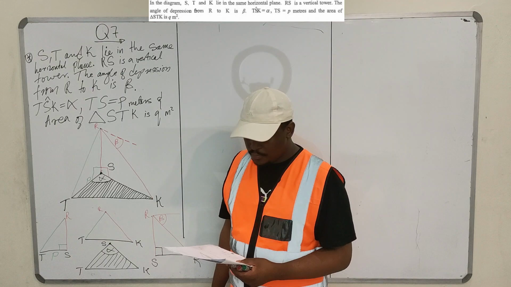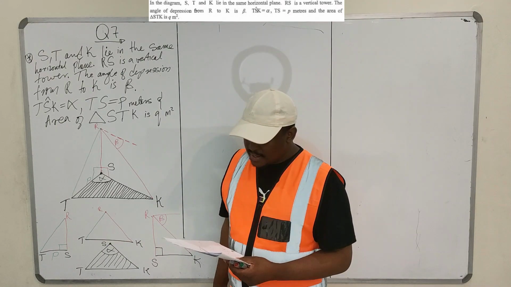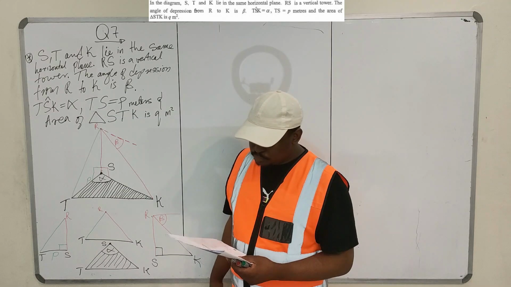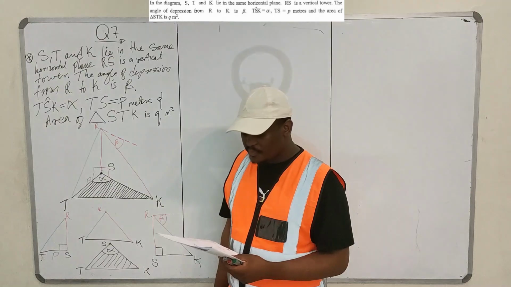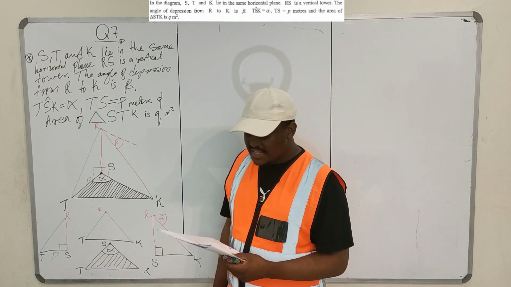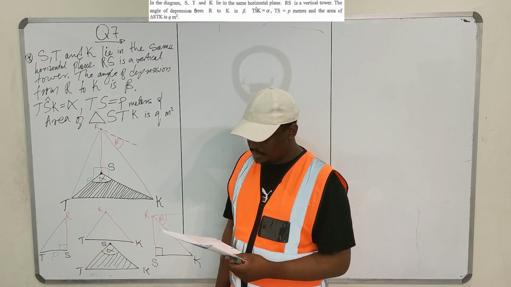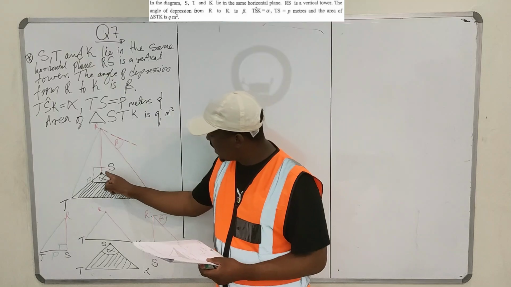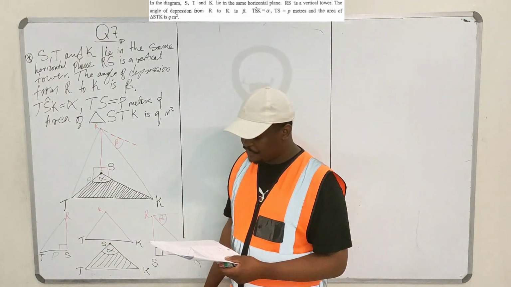Okay, so now they are saying, in the diagram, S, T, and K lie in the same horizontal plane, right? So we said S, T, and K lie in the same horizontal plane, like I explained before.